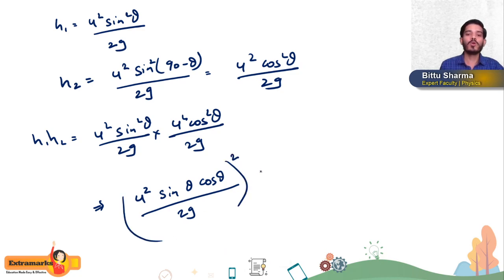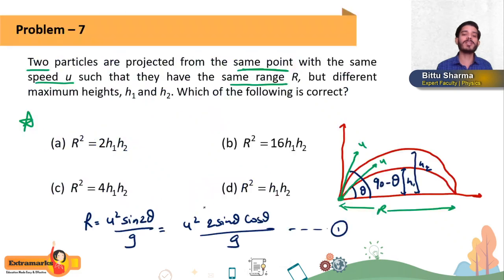Okay, students. So what is this, u square sine theta cos theta divided by 2g? If you multiply 2 in the numerator and denominator, it will become 2u square sine theta cos theta by g, and this is nothing but u square sine 2 theta by g, which is R.